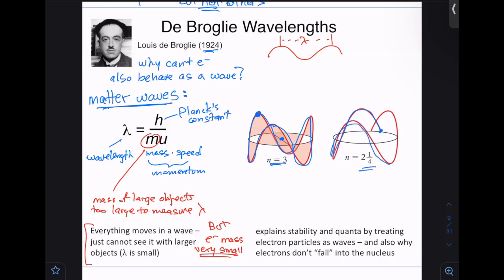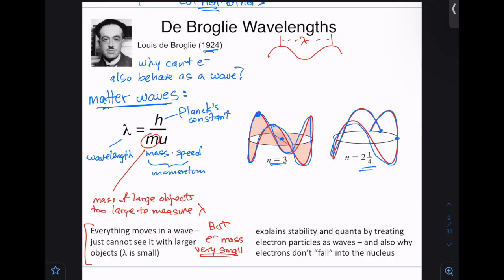Up, down, up, that's a second cycle. And now, when we're back to where we started, we're not in the same phase. We haven't completed the cycle by the time we've made it around the circle. Okay? So the idea here is that there's only certain wavelengths that will allow you to stay in phase as you're traveling like a wave around this circle.